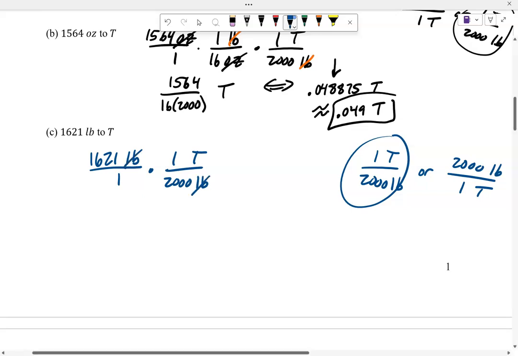Notice my pounds cancel. So I have 1621 times 1 over 1 times 2,000, and I'm in tons. So 1621 divided by 2,000 gives me 0.8105 tons. I'm going to round to the thousandth position, so 0.811 tons.